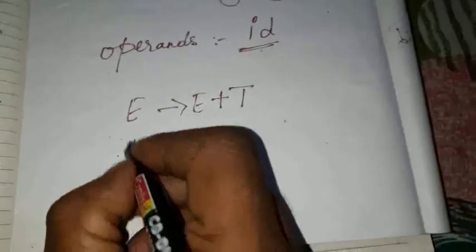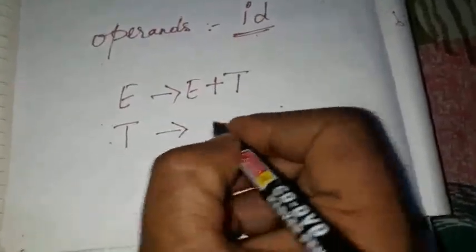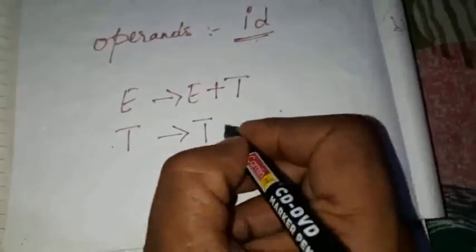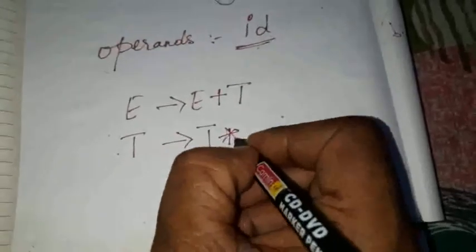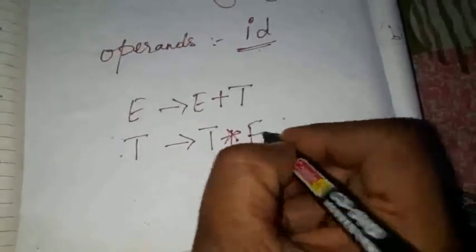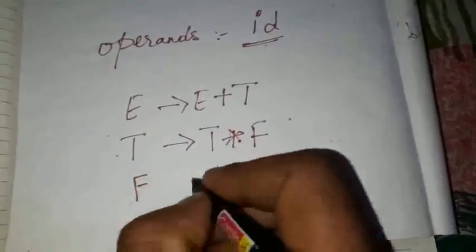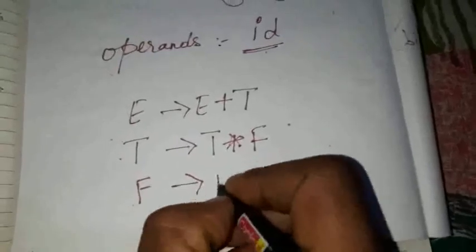So I will define it as T tends to T star F, this is for multiplication, where I have considered star also as left associative. So if you want to perform multiplication operation, it can grow towards the left side. Now I have to define what is F. F can be ID.